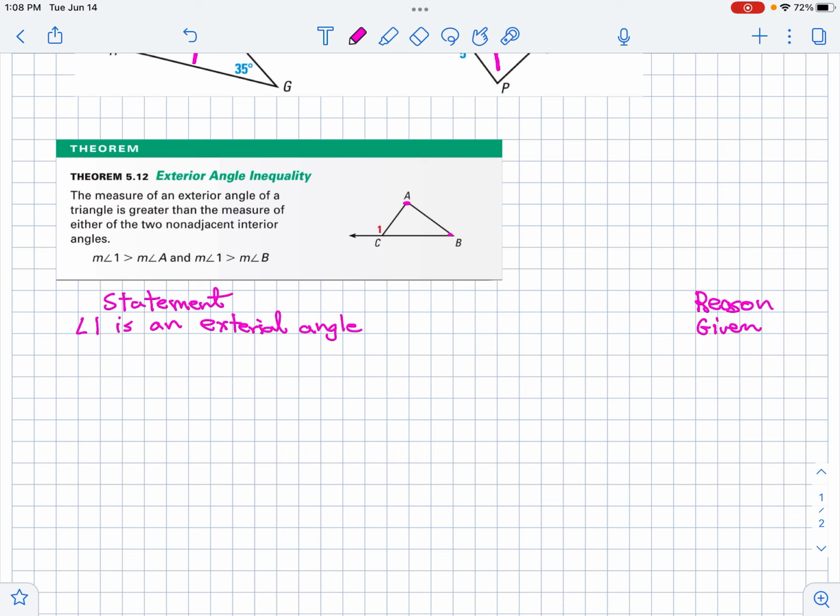Well, one of the things we know is that the measure of angle 1 plus the measure of angle C is equal to 180 degrees. And this is because linear pairs are supplemental.